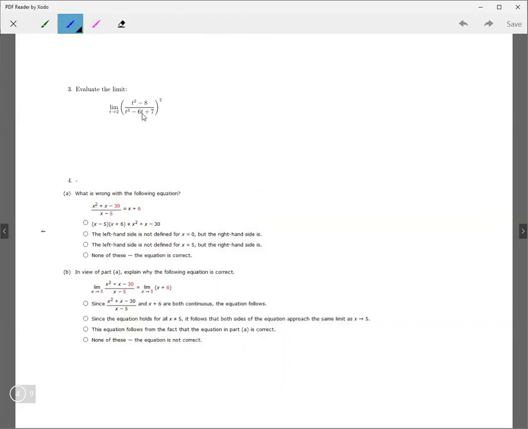So generally, like I said, to evaluate these kinds of limits, you just plug in the 2. Just plug in a 2. This one's fine.